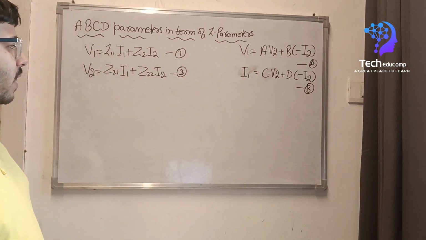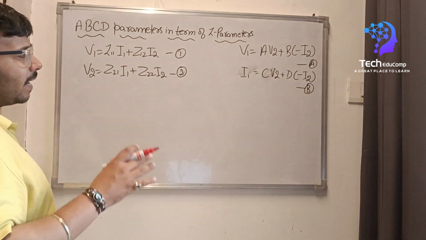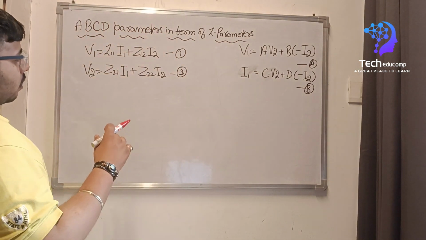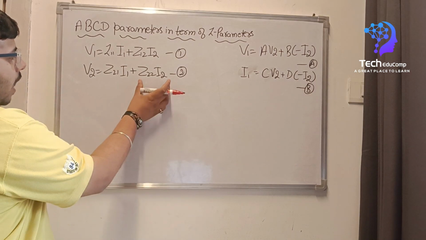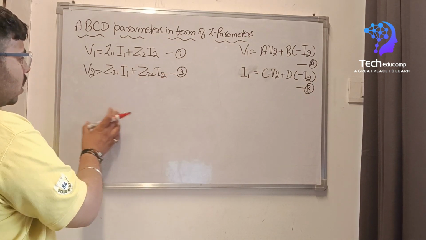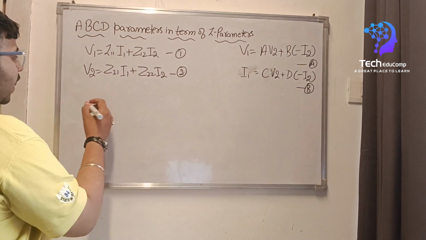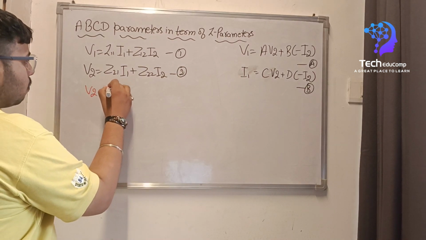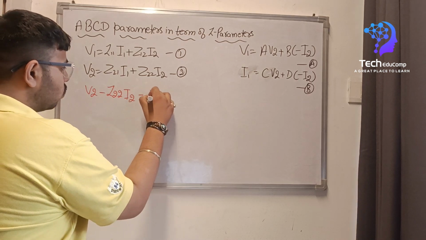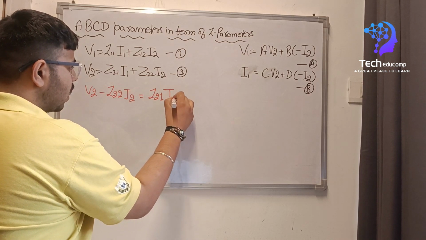To rewrite the second equation in terms of I1, I can take the term Z22 into I2 to the left hand side, then it becomes V2 minus Z22 I2 equal to Z21 I1.